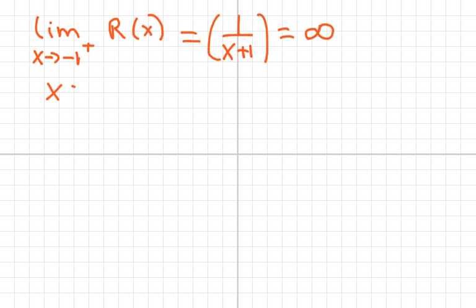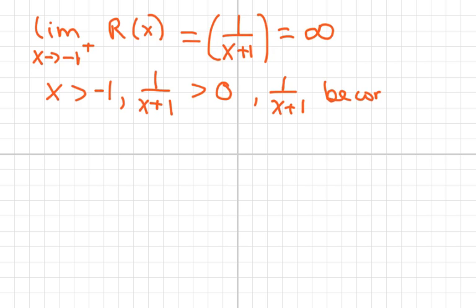Because if x is bigger than negative 1, then 1 over x plus 1, and you can plug in some values, 0, 1 and 2, it's going to be bigger than 0. So as x approaches negative 1, 1 over x plus 1 becomes unbounded.